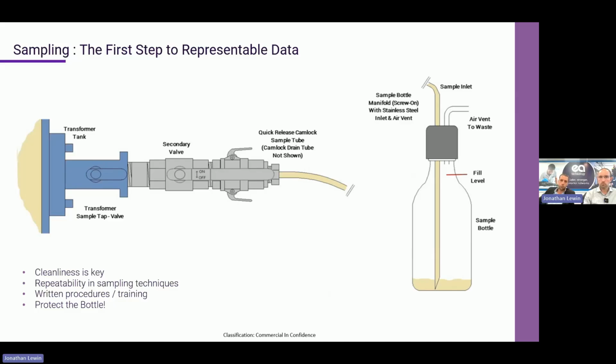That involves a suitable flush of the pipework to make sure any debris, residue, moisture present around the valve is flushed out before the sample is taken, at least a litre out of the asset. Make sure the actual sampling equipment and bottle is also flushed to prevent debris buildup, condensation, and other issues as well. One of the biggest causes of poor fluid quality when it comes to low breakdown voltage strength or high moisture is poor sampling technique.